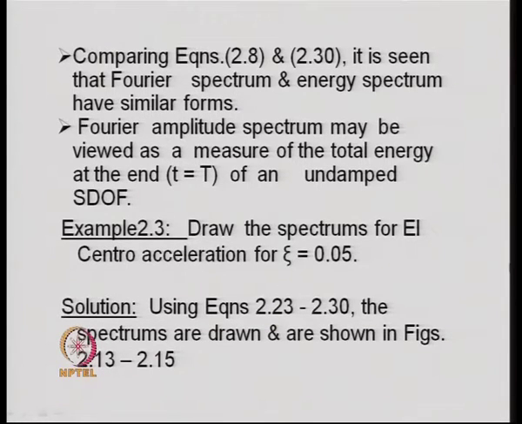Now, we take an example and draw the spectrums for the El Centro acceleration for xi equal to 0.05. Using the equations that were shown earlier, one can obtain the values of SD, SV, SA and the maximum energy, and plot them against not omega n, but the period 2 pi by omega n, for a damping ratio of 0.05.